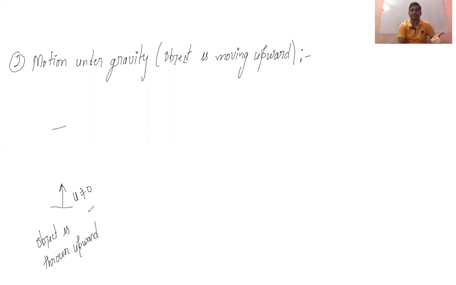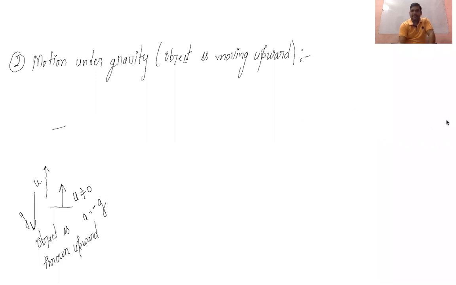The velocity is in this direction and the acceleration due to gravity is in the opposite direction, so g is minus. You will take a equal to minus g.